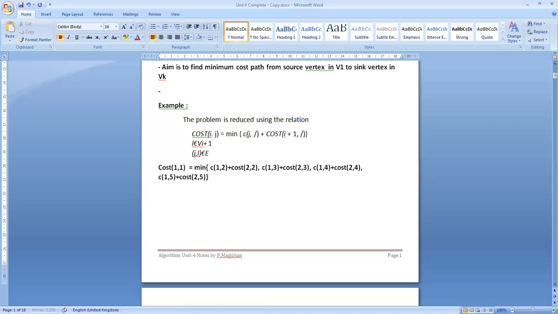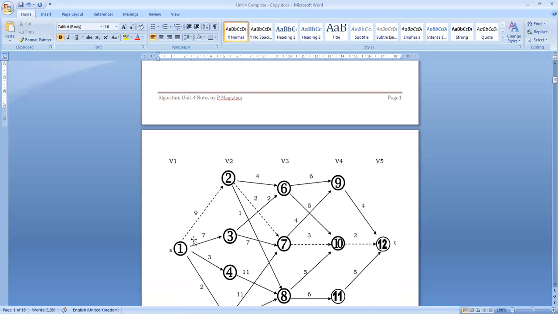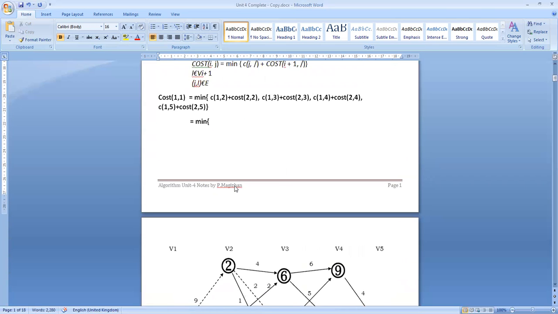It becomes minimum of, what is the cost value from 1 to 2? 1 to 2 is 9. So it is 9 plus cost of 2 comma 2.